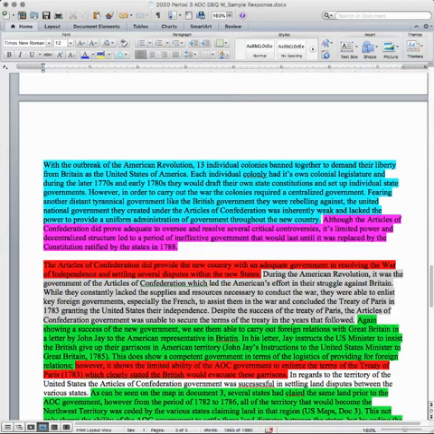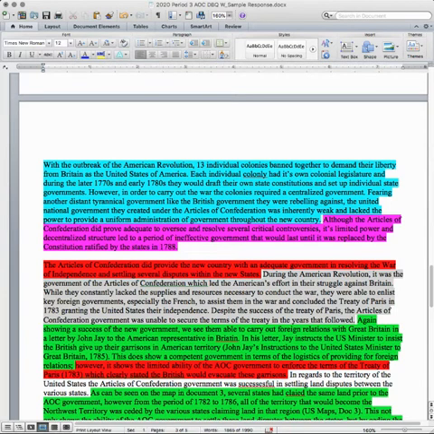However, transitional word. In order to carry out the war, the colonies required a centralized government, fearing another distant tyrannical government like the British government they were rebelling against. The national government they created under the Articles of Confederation was inherently weak and lacked the powers to provide a uniform administration of government throughout their new country.